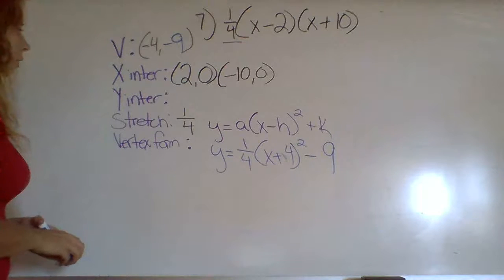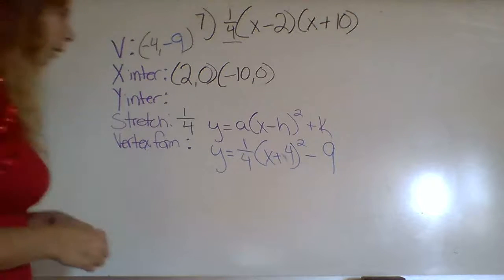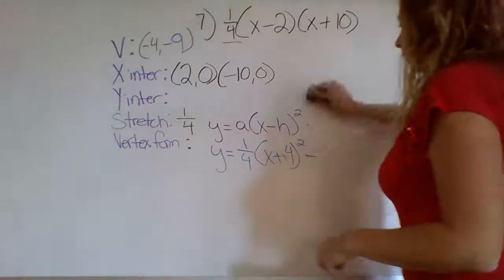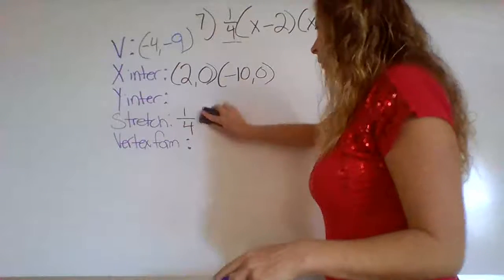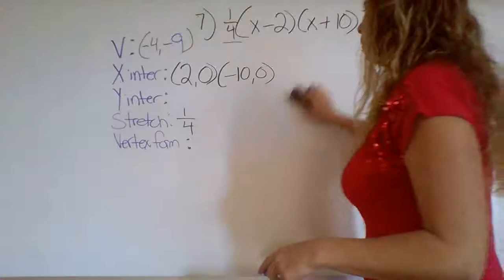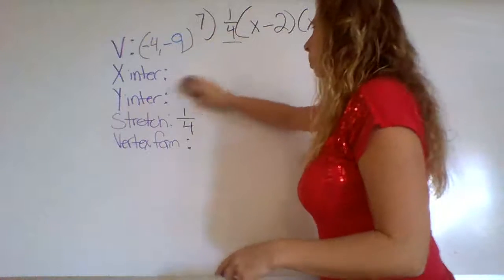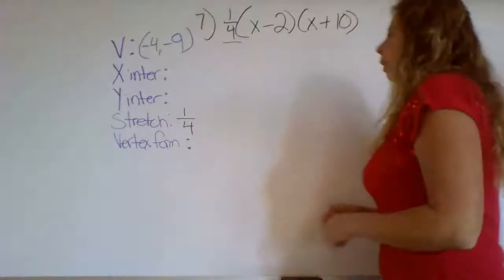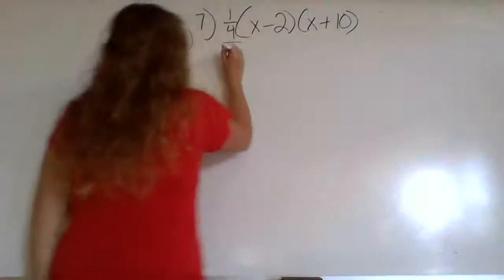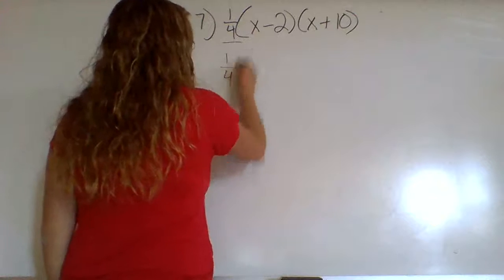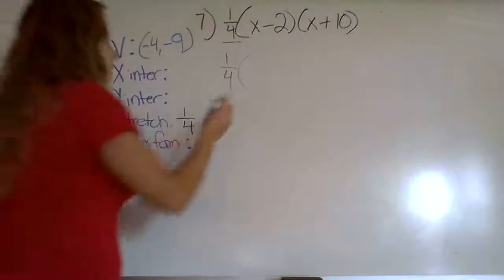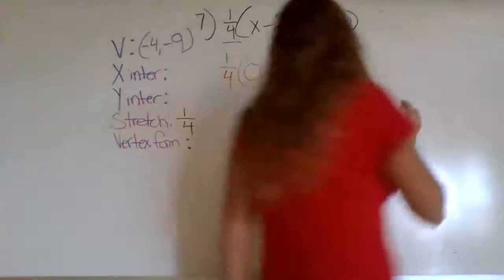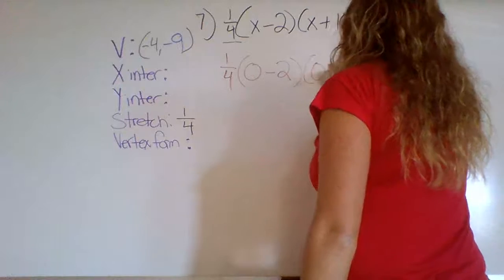Last thing is your y-intercept. Hopefully you have this written down. If not, you can rewind me. To find your y-intercept, you can substitute 0 in for x. So 0 minus 2, 0 plus 10.